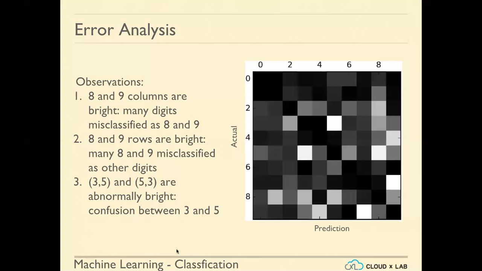So here again, let me put it from the other perspective. Actually, the whole eighth column is brighter. That's what it means. That's why many digits are being misclassified as 8 and 9.